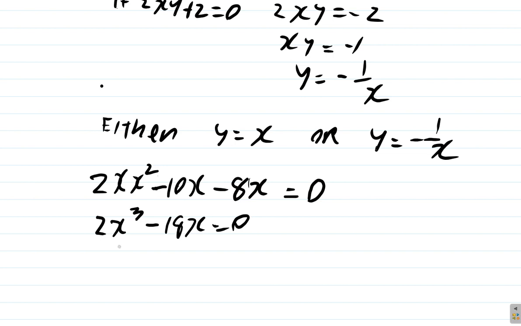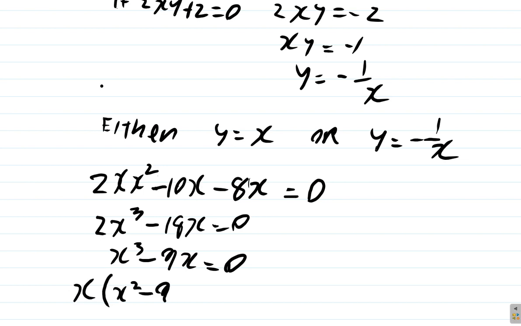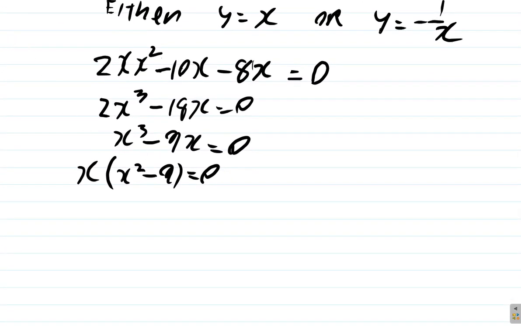Alright, so here, if we divide both sides by 2, we have x cubed minus 9x equals 0. Then, let's factor out x, and we have x squared minus 9 equals 0. And this now is a difference of two squares.